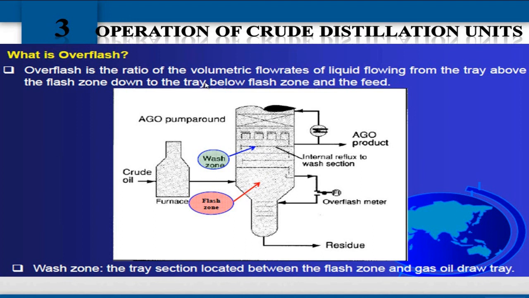This is to guarantee that the plate between the flash zone and the first draw above it does not dry up. This will help to improve the quality of atmospheric heavy gas oil for better equilibrium and good separation.